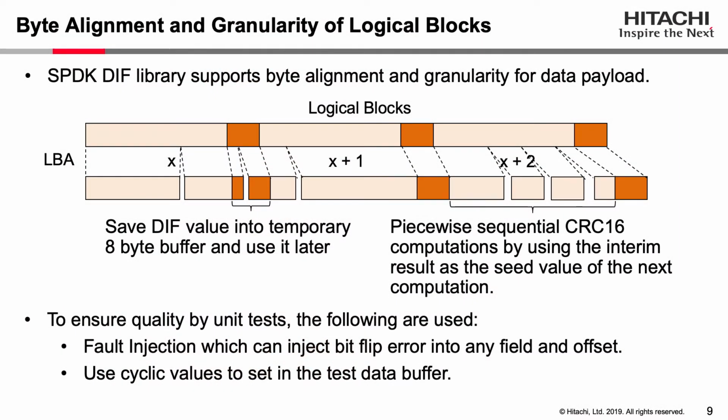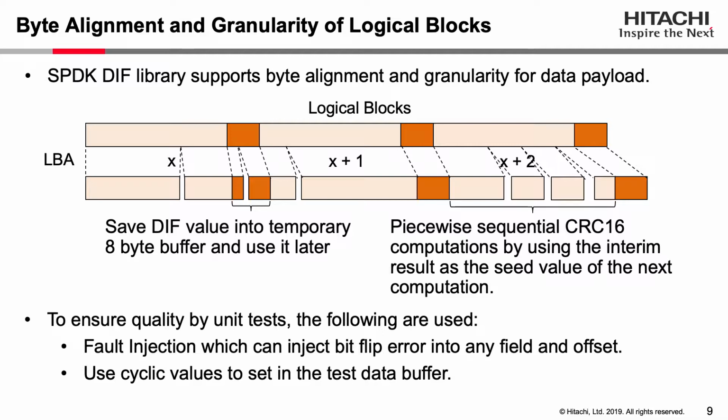If SPDK required physical contiguity or strict alignment, implementation would be very simple, but it would not be flexible or extensible. To solve this issue, the DIF library supports any 1-byte alignment and granularity for data payload. So the SPDK DIF library can process any type of payload.